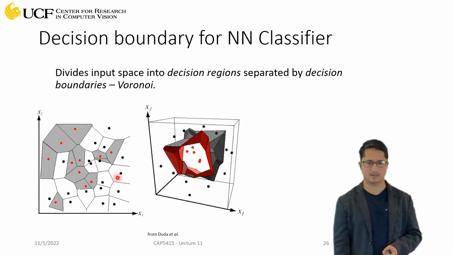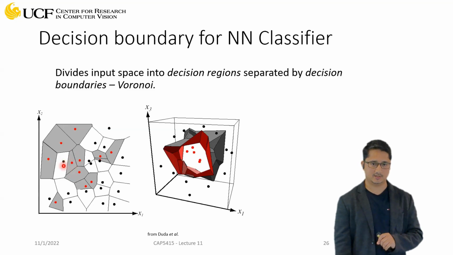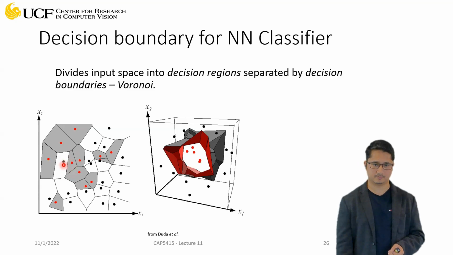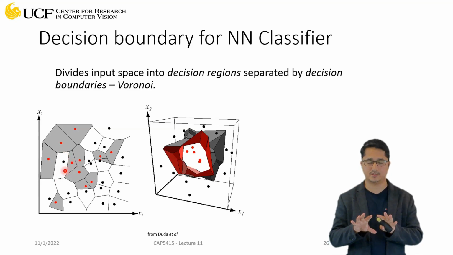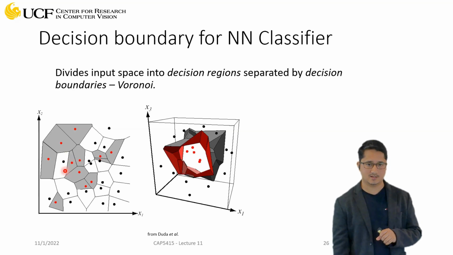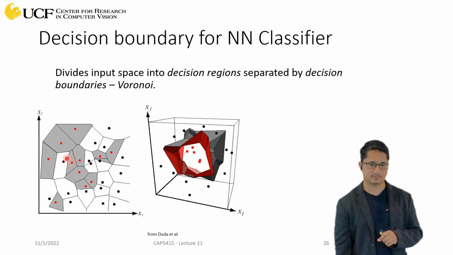The red dot is class number 1, the black dot is class number 2. Now, if you divide this whole space into different categories based on distances, all you have to do is divide the space between two different samples.